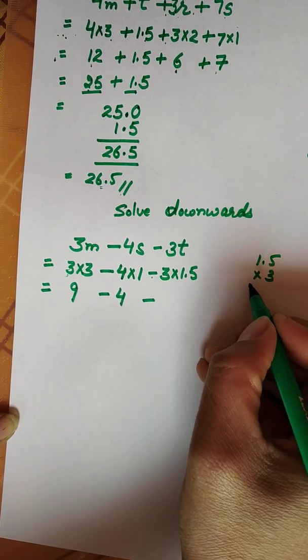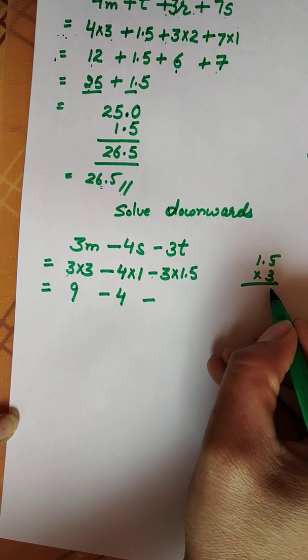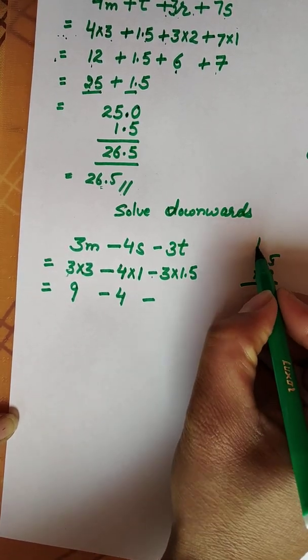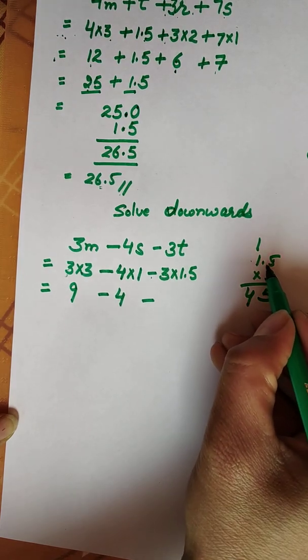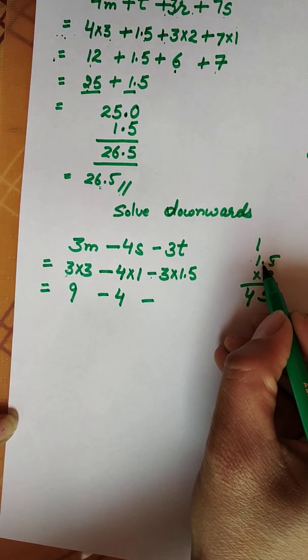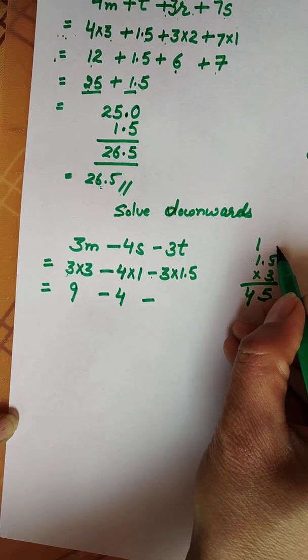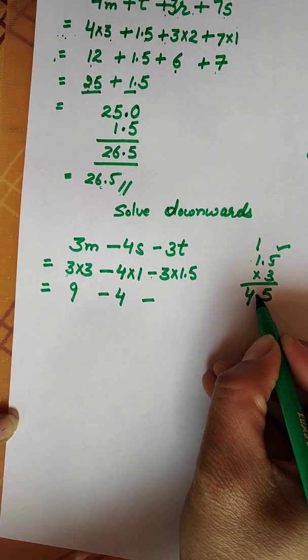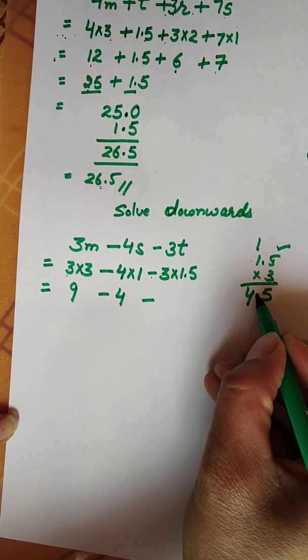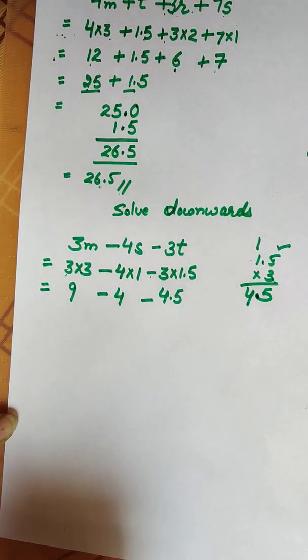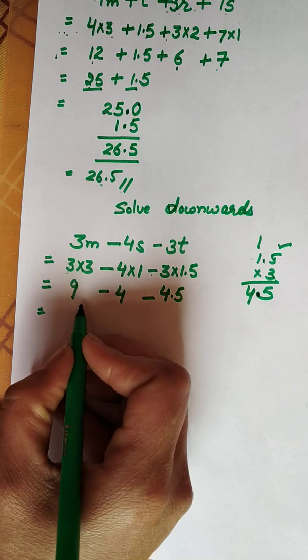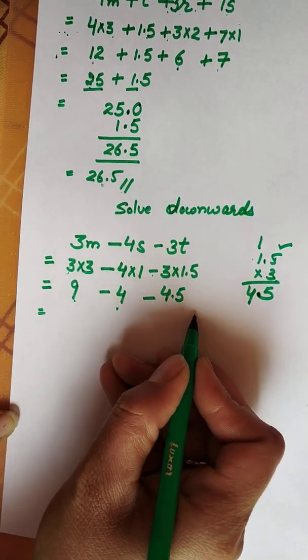First ignore the decimal and just simply multiply. 3 5s are 15. 3 1s are 3 and 1, 4. So it's 45. How many digits are there after the decimal? After the decimal we just have 1 digit. So here also in the answer after the decimal I should have only 1 digit. So this is 4.5. Okay. So now this is 9 minus 4 minus 4.5.